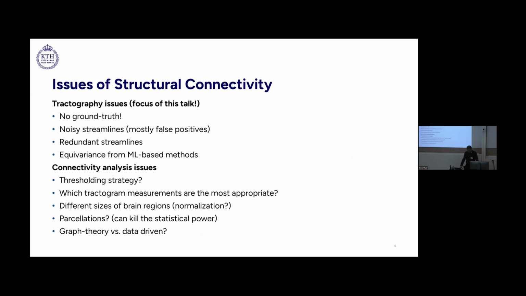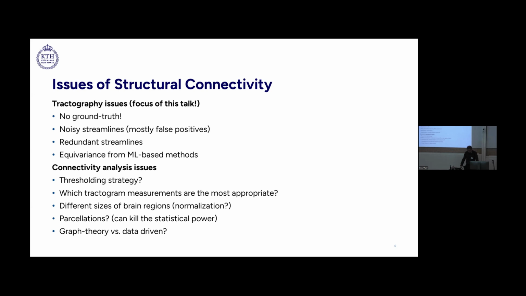And it has been shown that most of the streamlines you generate with tractography are false positives. You also have a problem with redundant streamlines, and you also have problems of equivalence. I will introduce that later.